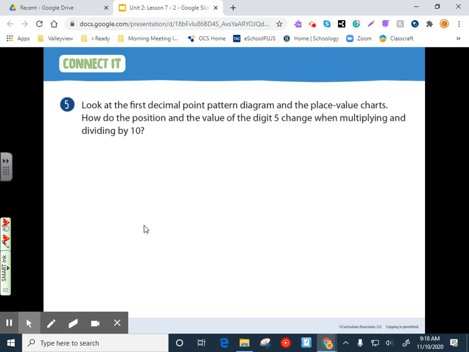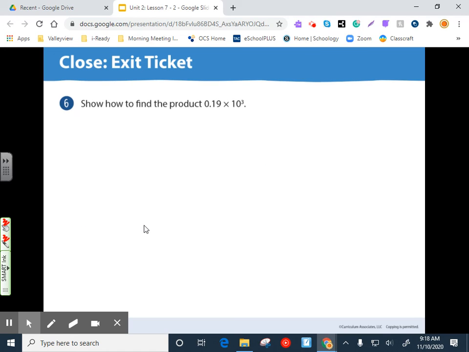Let's look at the last part here, number 6. Show how to find the product of 0.19 times 10 to the third. Okay, well, this right here lets me know that I'm going to shift 3 places to the left.